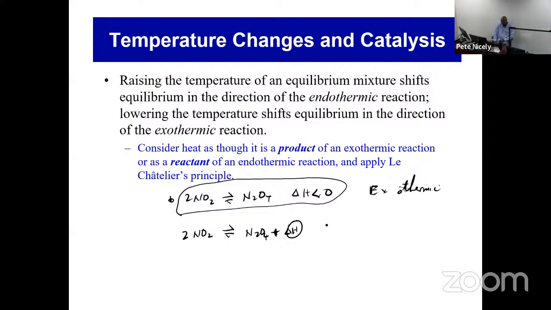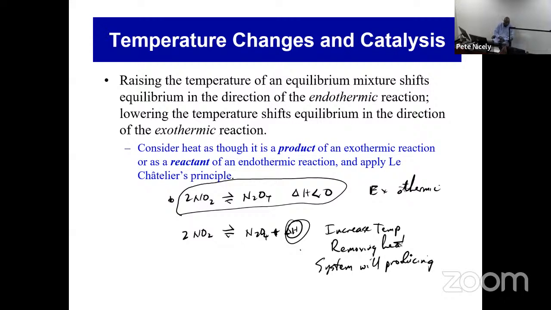Let's say you were to increase the temperature. If you increase the temperature, basically what that means is that you're removing heat, right? So you're removing heat. The system will respond by producing more heat, because the system will do the opposite of what you're doing to the system.